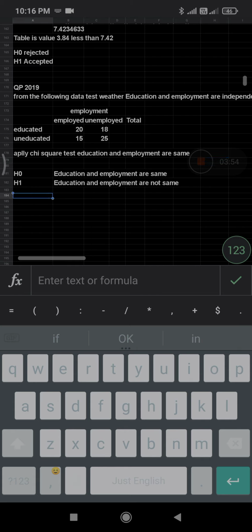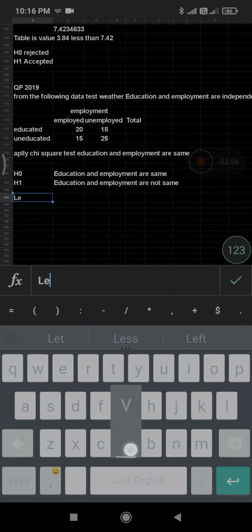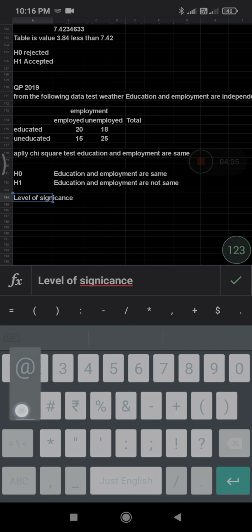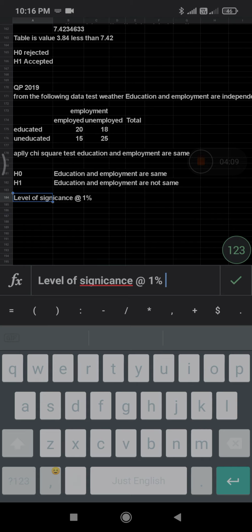Next, we have to see the level of significance. The level of significance given in the question is 1%. In the last problem they gave 5%, and in this problem they gave 1%. So what is the alpha value?